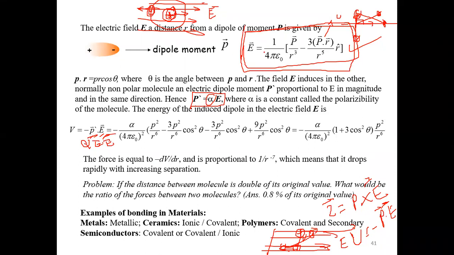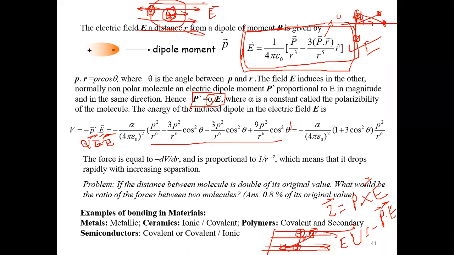And the expression for E is this one. E is a vector quantity, dotted with another E. If you perform this dot product, the angle between P and R is theta, so P dot R will be PR cos theta. If you take this into consideration and do this dot product, you will get this expression.